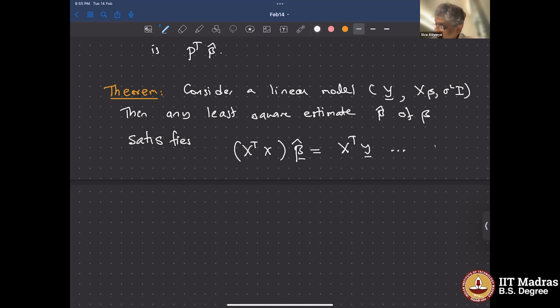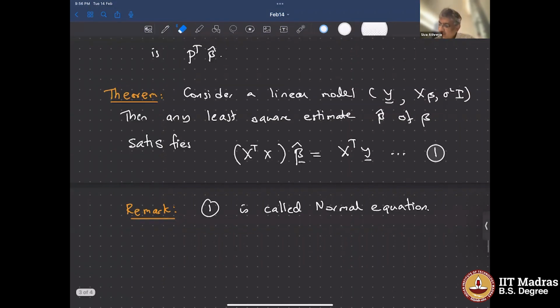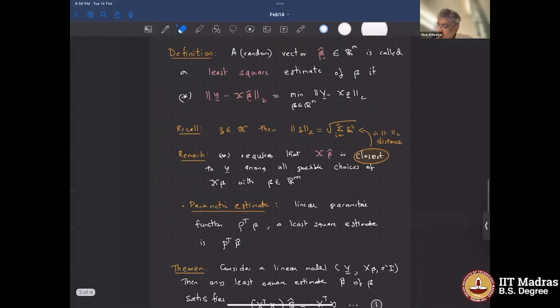I'll come back to this equation, and I'll give it a name, equation 1. The name of equation 1 is normal equations. Formally speaking, the least squared estimate is the one that minimizes this L2 distance, so it's the closest vector, x beta hat being closest to y in the L2 distance. And we'll see the significance of this after I prove the theorem.